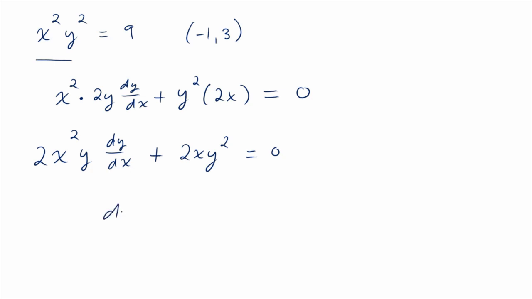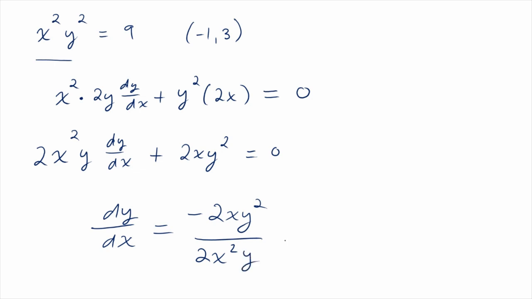So dy/dx would equal negative 2xy squared over 2x squared y, dividing both sides by 2x squared y. And this would simplify to negative y over x.